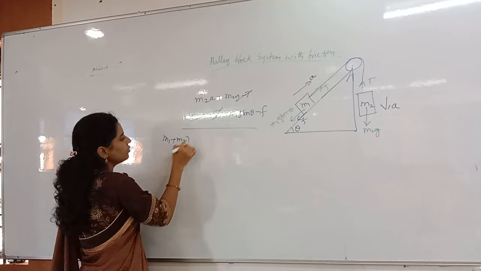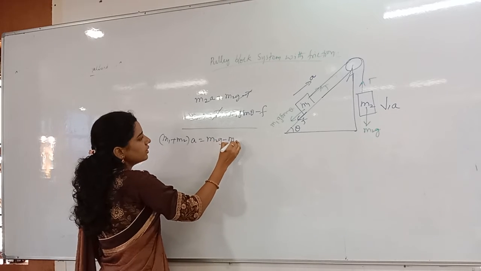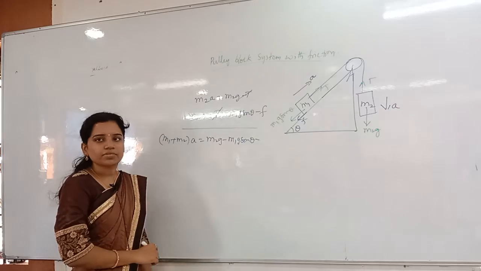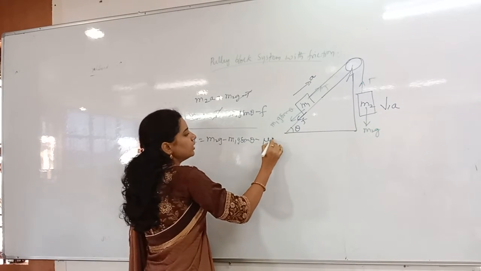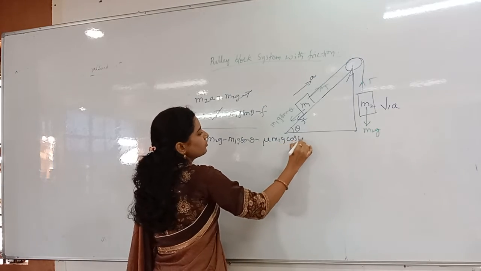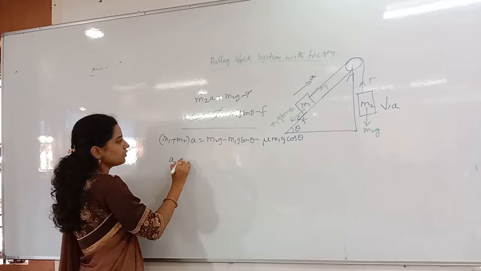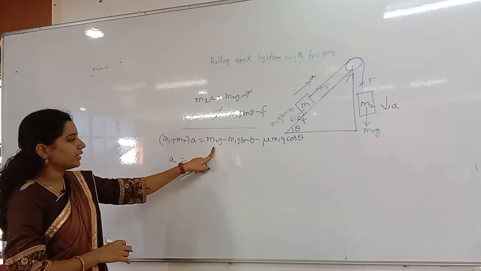m1 plus m2 into a is equal to m2g minus m1g sin theta minus the friction, which is mu into the normal reaction, that is mu into m1g cos theta. Then here a is equal to, what can I take common? g I can take common.